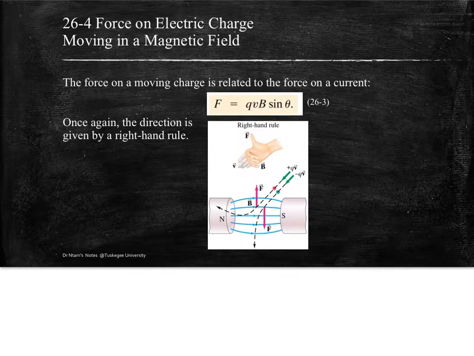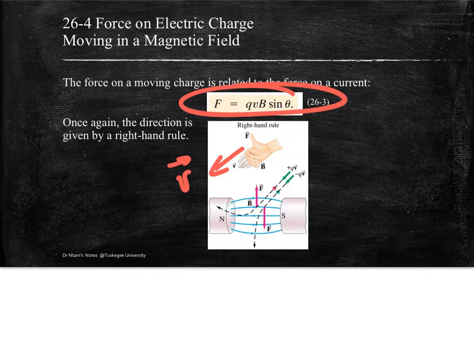Now the force on a moving charge in a magnetic field. The magnitude is given by this equation, and the direction again is given by the right hand rule. So this time you place your straight fingers in the direction of V, the direction in which the charge is moving, and then you bend your fingers in the direction of the magnetic field, and then your thumb will give you the direction of the force.